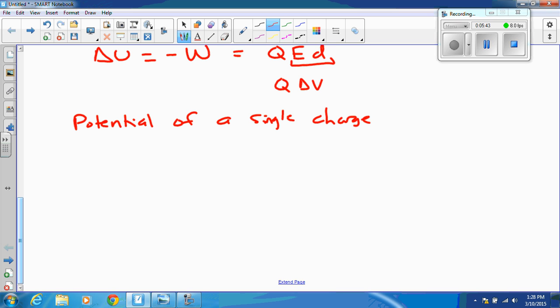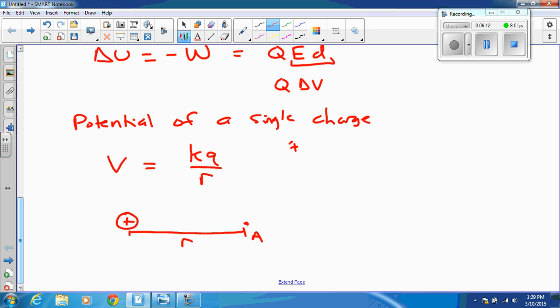What I argued there was that we needed a little bit of calculus to make it happen, but we could show that the potential for a single point charge is going to be kq divided by the radius, the distance that we are from that charge. So if this is my charge and I'm at point A right here, then the distance from the charge to point A is r, and the amount of potential created by that charge is going to be kq over r.